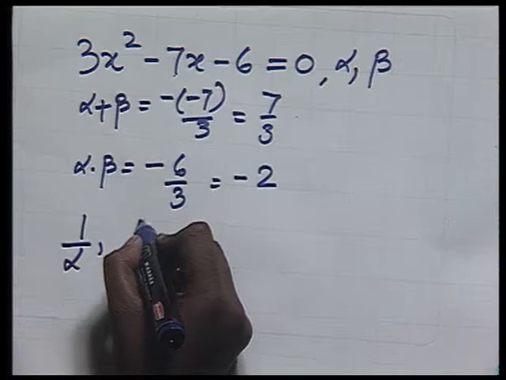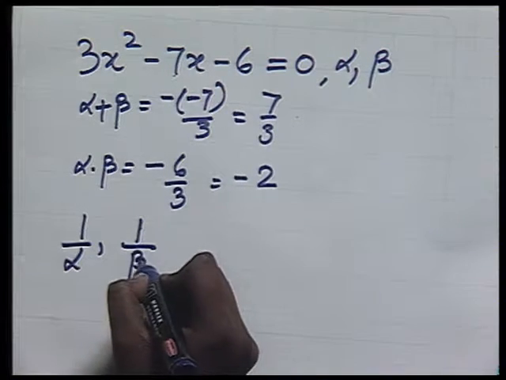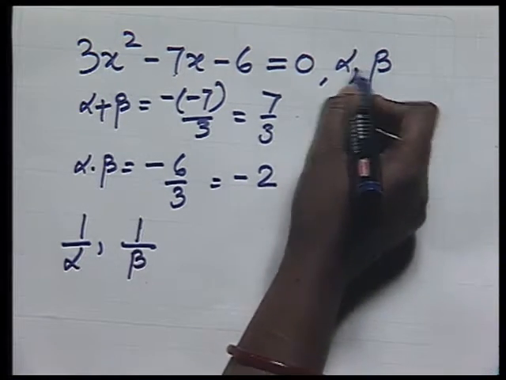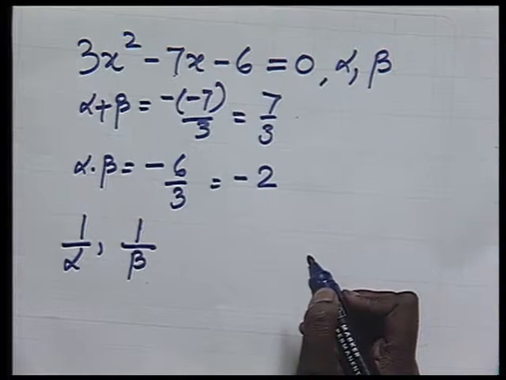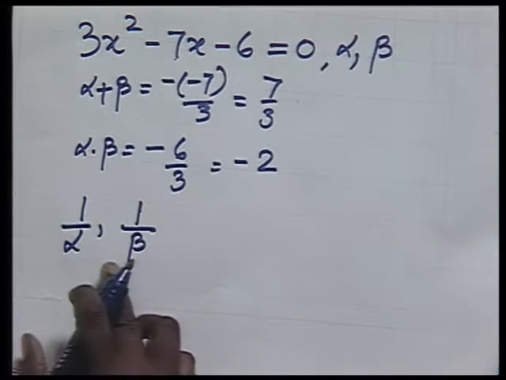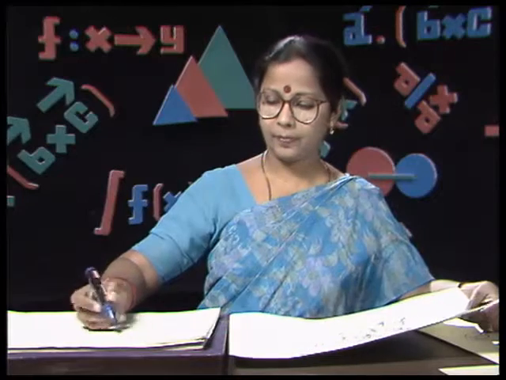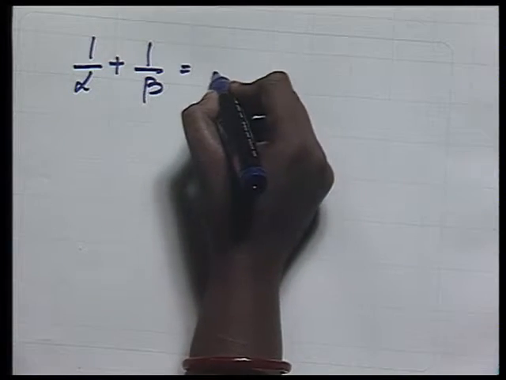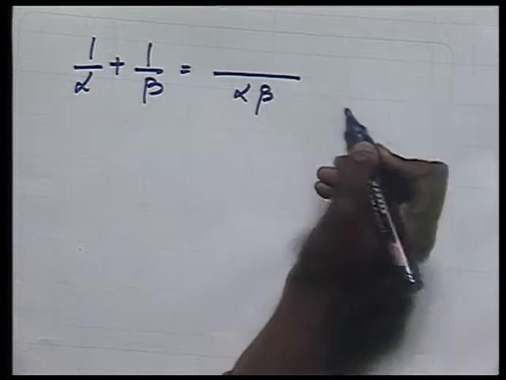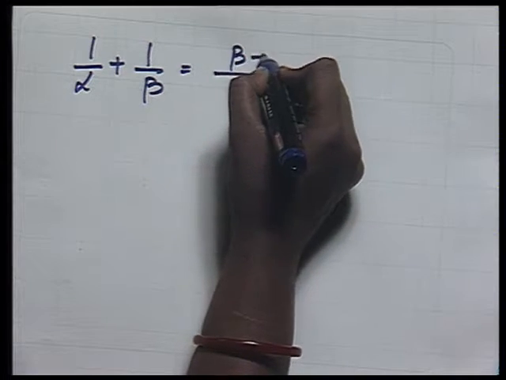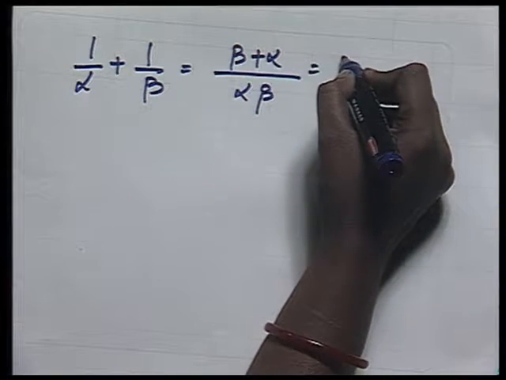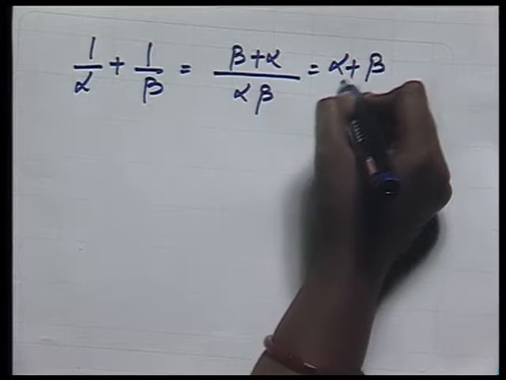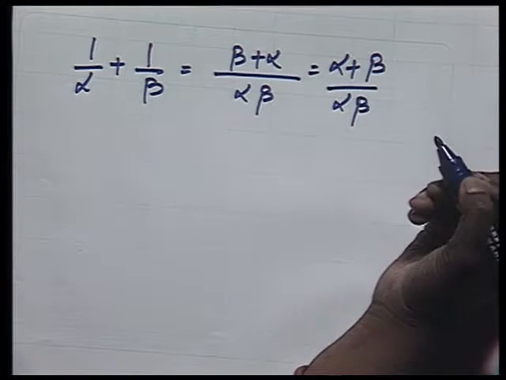What do you think will be the roots of the required equation? Naturally, they will be 1 upon alpha and 1 upon beta, because they are reciprocal of the roots of the given equation. So, the sum of the roots of the required equation in this case will be 1 upon alpha plus 1 upon beta, that is equal to, taking LCM alpha into beta, beta plus alpha, or it can also be written as alpha plus beta upon alpha beta.